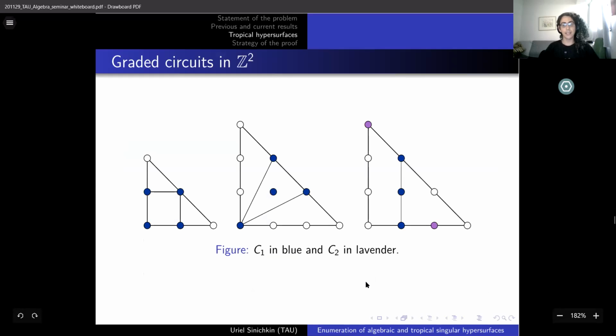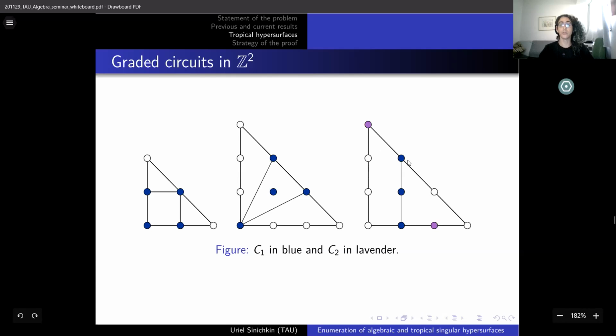So examples in 2 dimensions. We have just the examples of circuits. A parallelogram is a circuit, and a triangle with an interior point is a circuit, and actually, up to a unimodular transformation, so a transformation with determinant 1 and integer coefficients, those are the only 2-dimensional ones. And we can also get a graded circuit by a 1-dimensional circuit, and then in the next level also some 2 points.